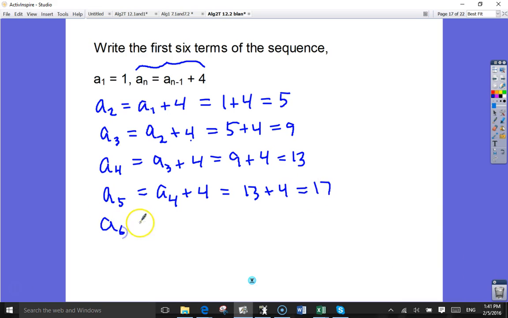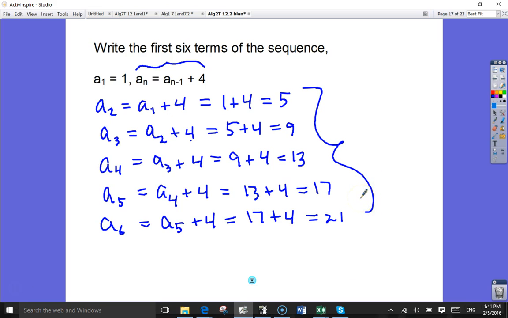And A6 equals A5 plus 4. And do those look like they are arithmetic? Looks like it's plus 4 to get everything to the next one. Okay.